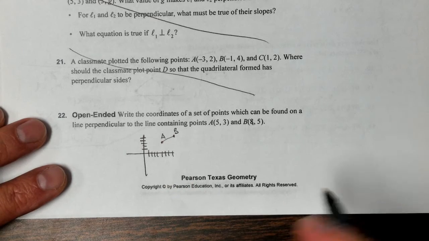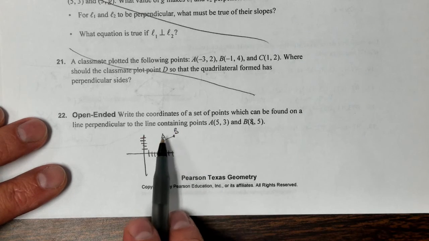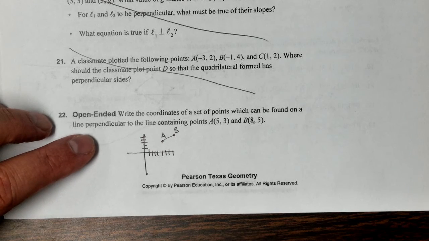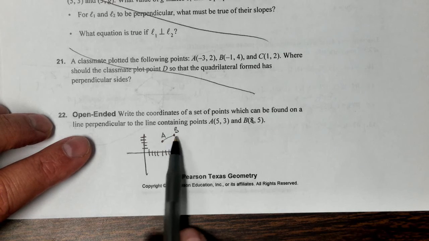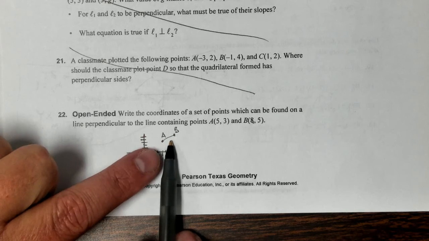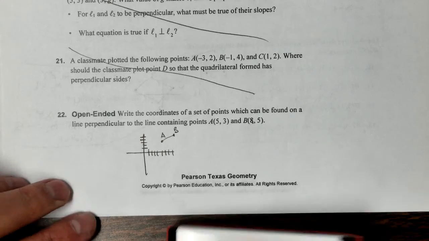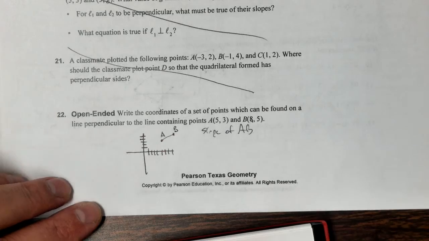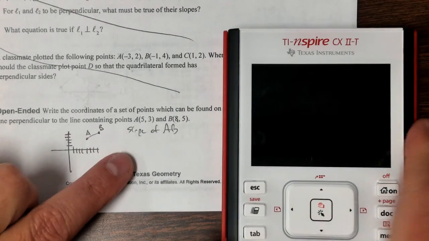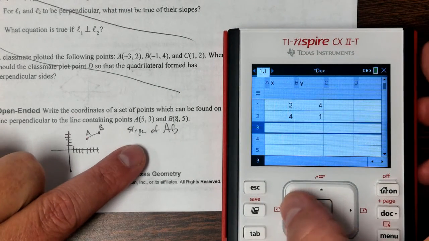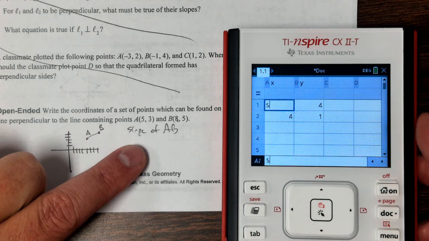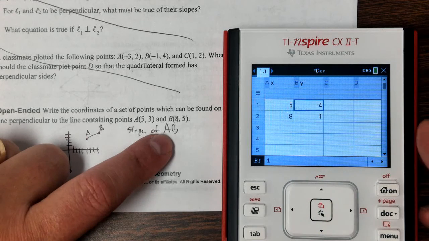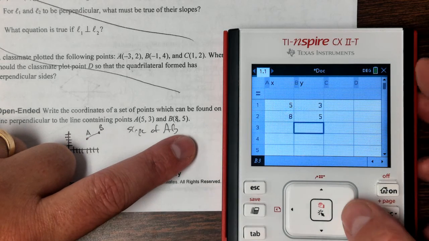Okay, so the first thing, if we want something perpendicular, we know it has to have the opposite reciprocal of the slope for this. So let's first get our slope of AB. Let's just use what we did before. Put a 5 here and an 8 there, and put a 3 there and a 5 there.